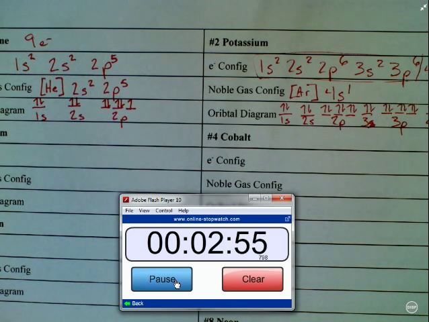Also, calcium doesn't have... You will have to worry about it. Because it seems like it's this, but for s2, I literally just go in order. So it's 1s.